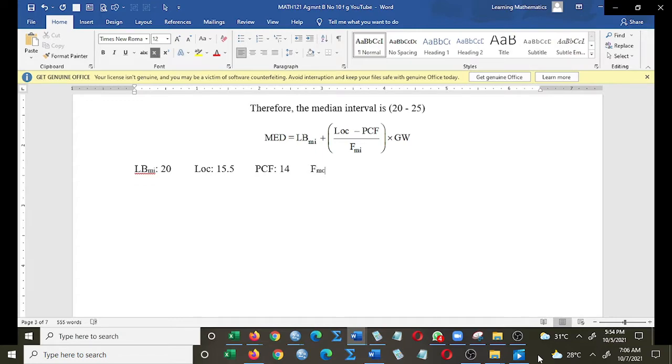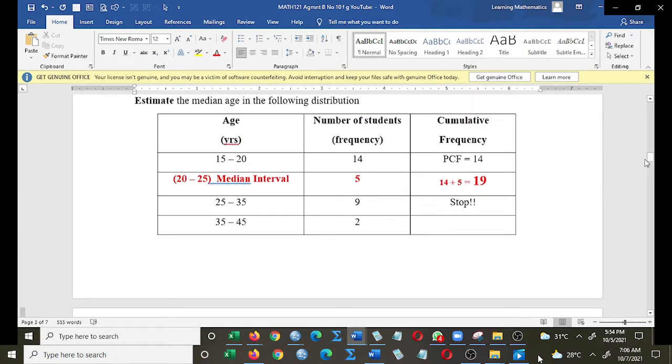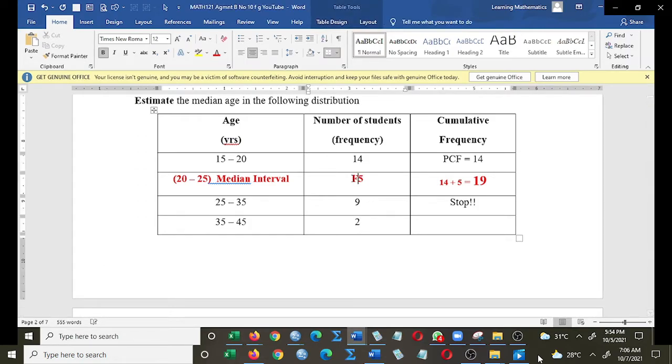So if I put MC there, I mean median class. Another word for interval is class. So your MC is median class. What is the frequency of the median class? 5, yes? 5 is the frequency of the median class.